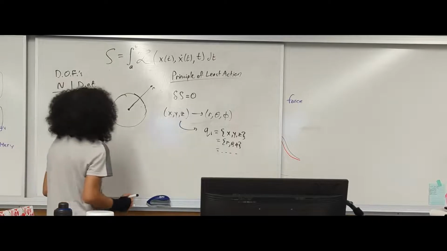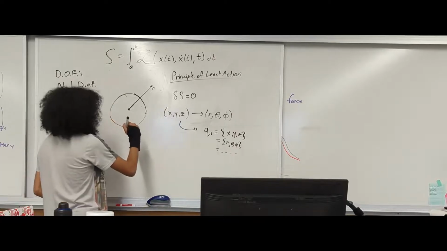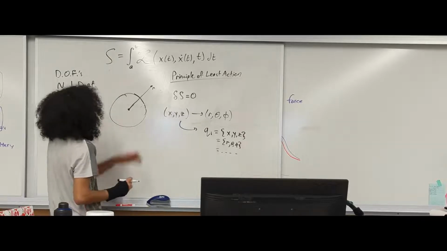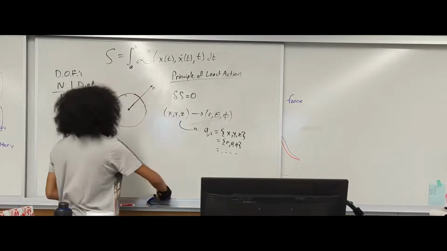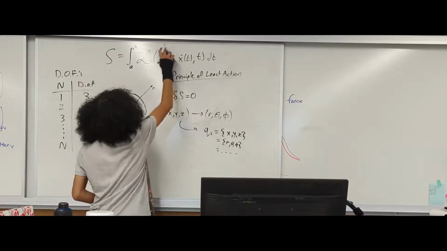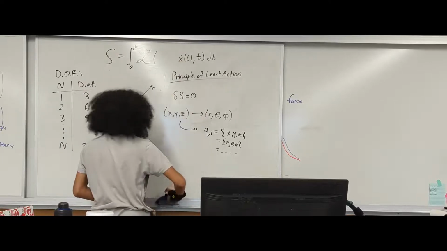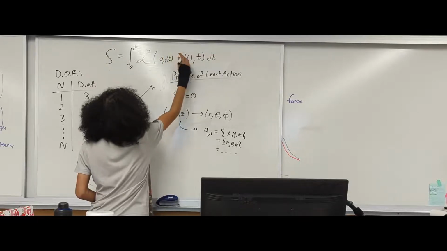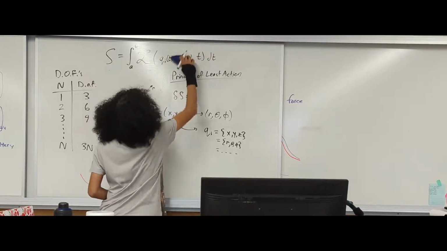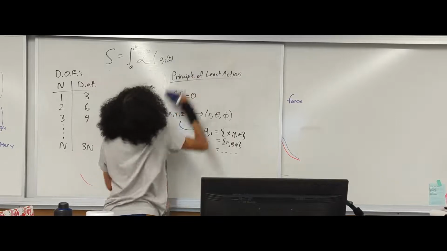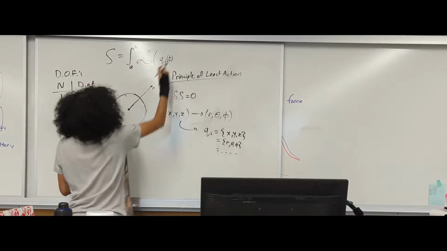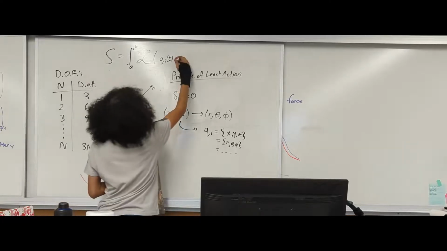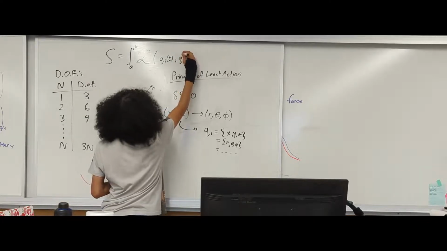So to make our stuff more general, we will express our Lagrangian as a function of these q's. It could depend on what we call a generalized position, and then a generalized velocity.